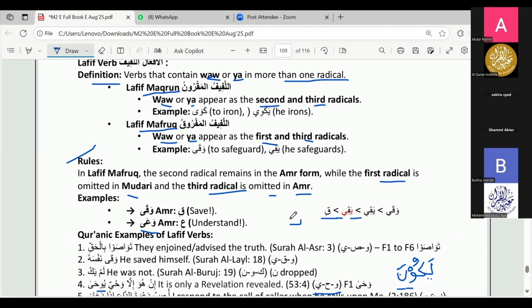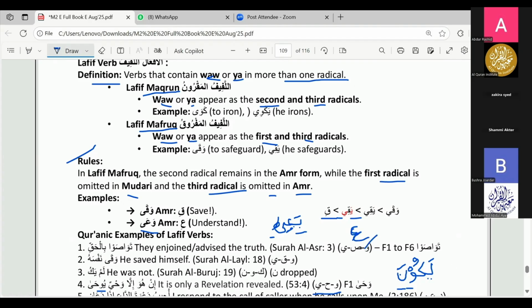So this is ya, e, and o. So this ya and this ya drop, and what is left is this, so it means understand.